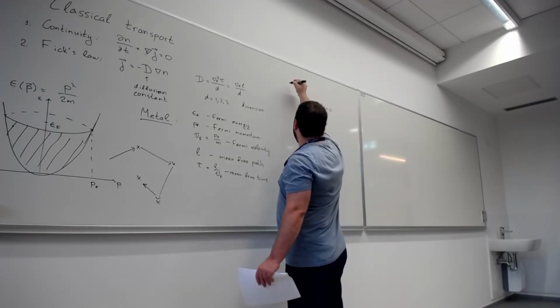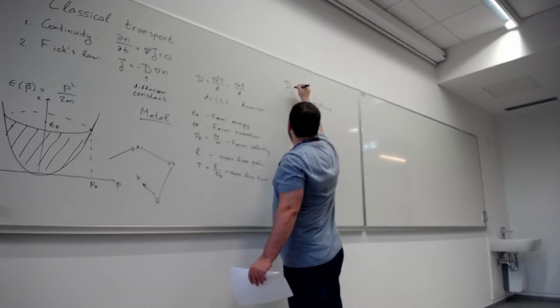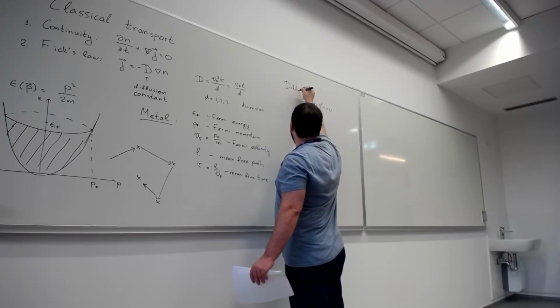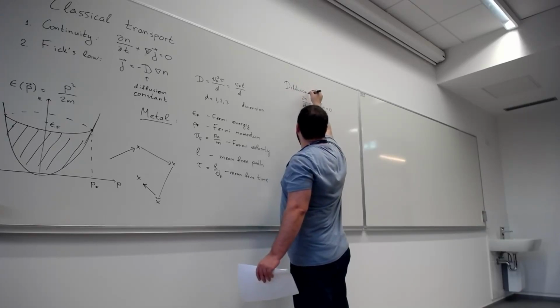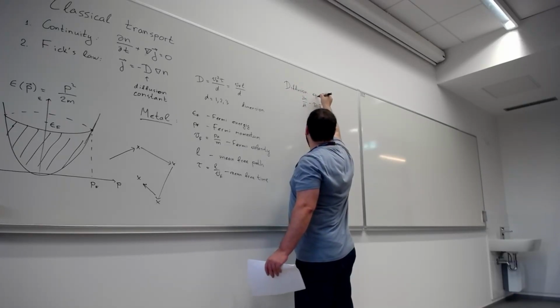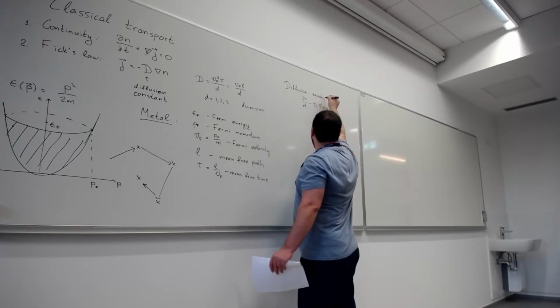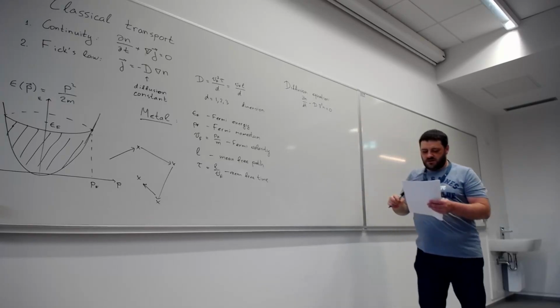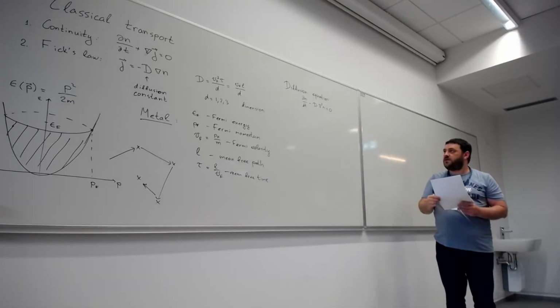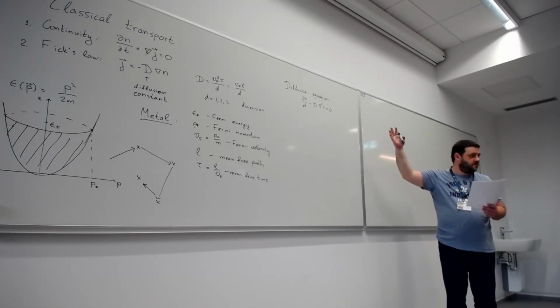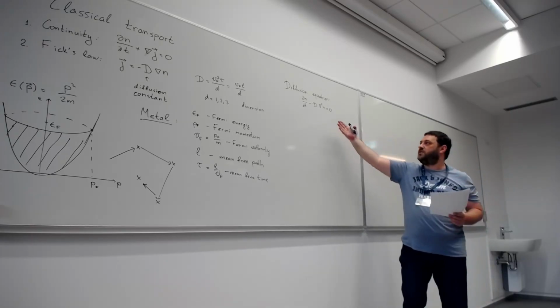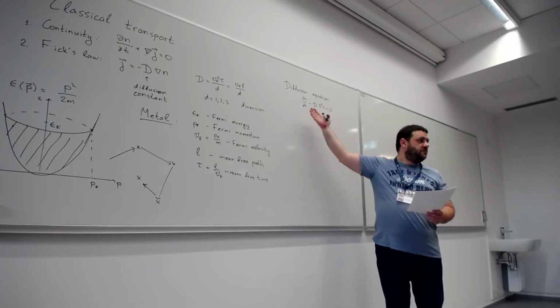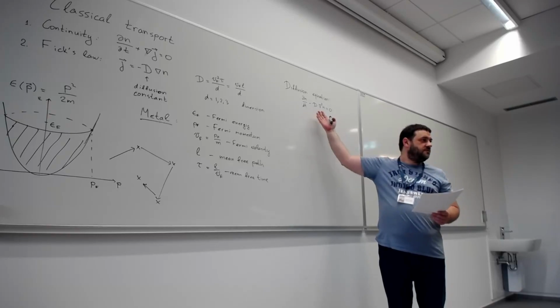This is the diffusion equation. So this is the basic equation describing how the concentration of electrons inside a metal evolves in time and space.